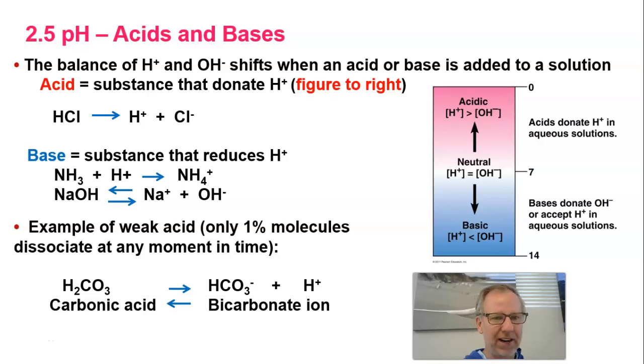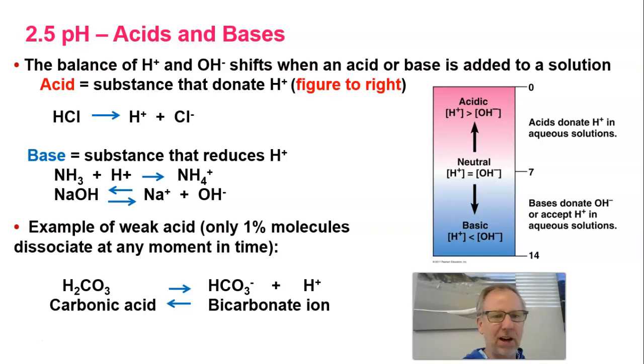Sodium hydroxide, NaOH, that's a strong base. It is made up of hydroxide ions. So if you add those hydroxide ions to a solution, then you are counteracting the hydrogen ions that are in there and proportionally changing their concentration. So sodium hydroxide is also a base and will reduce the concentration of hydrogen ions.